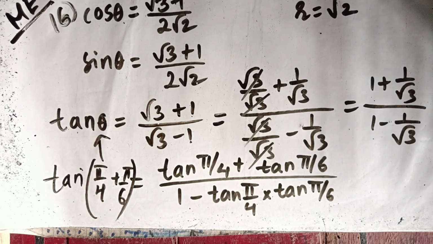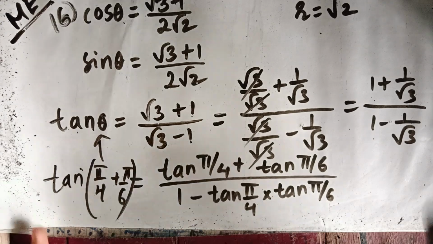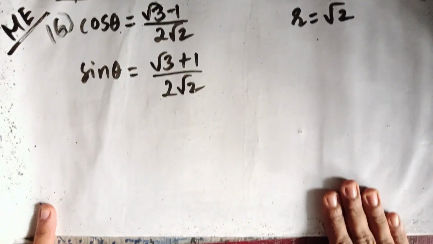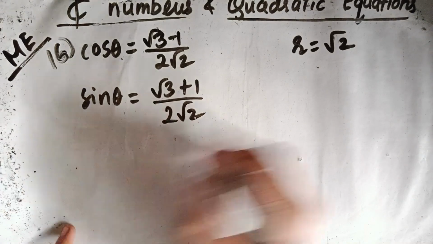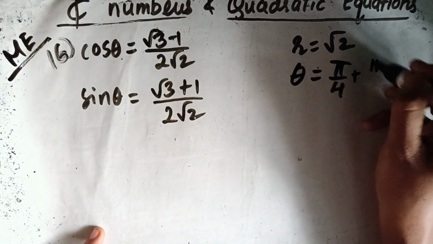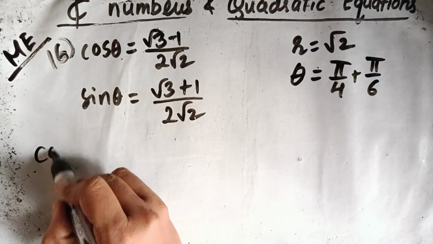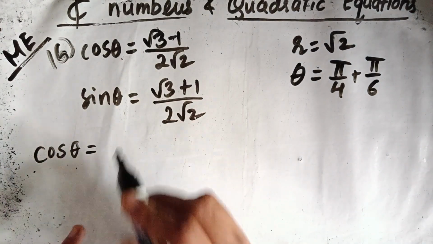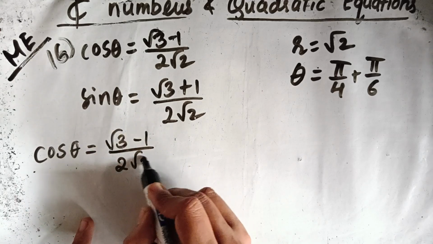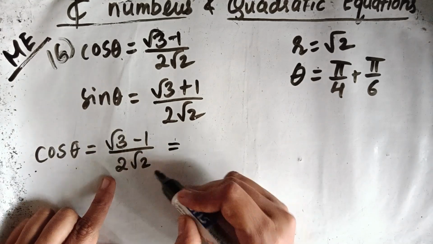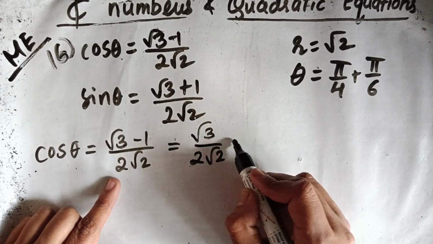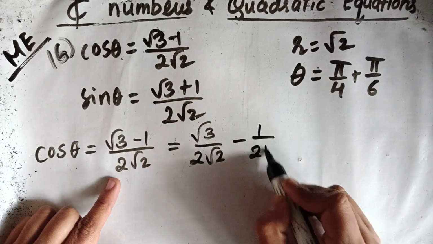The other way to find this is by using only cos theta or sin theta. If you use cos theta, we'll write theta as pi by 4 plus pi by 6. Cos theta is root 3 minus 1 upon 2 root 2. I can write this as root 3 upon 2 root 2 minus 1 upon 2 root 2.